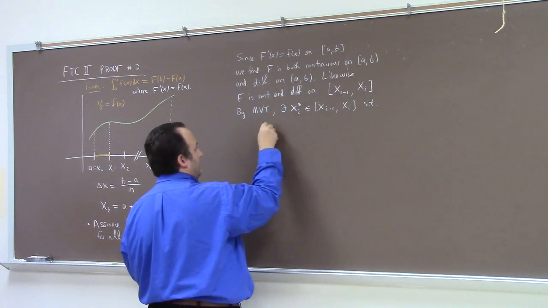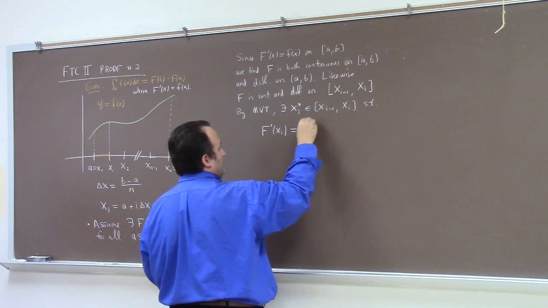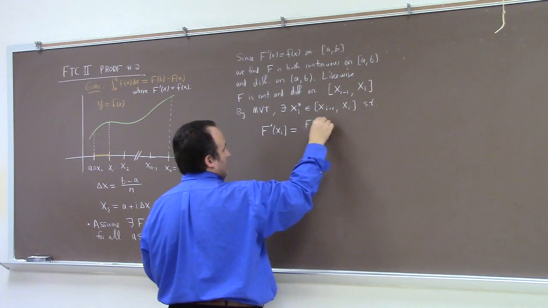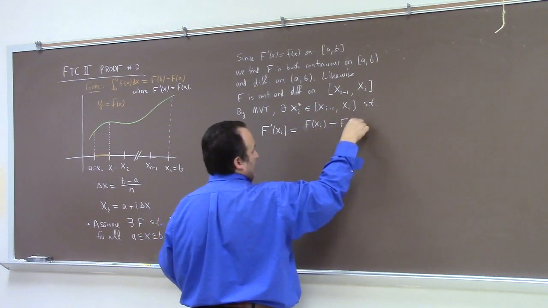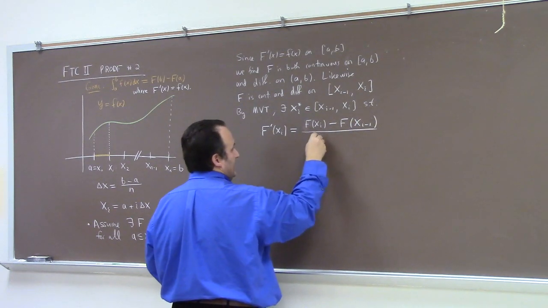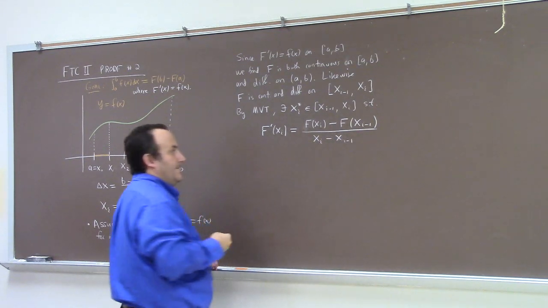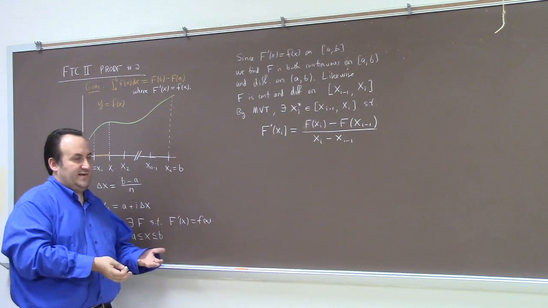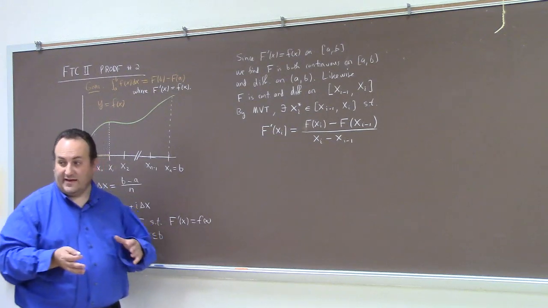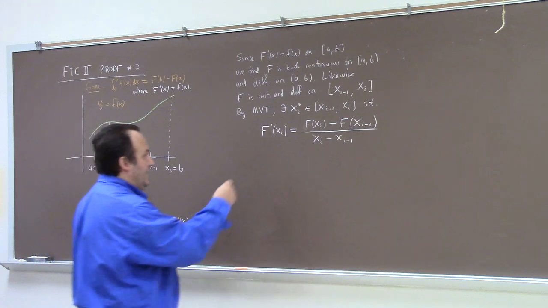Such that F prime of x sub i star is equal to big F of x sub i minus big F of x sub i minus 1, divided by what? Divided by x sub i minus x sub i minus 1. But what does that say? That says, remember, big F is the antiderivative of little f, right? So what's big F prime? It's little f of x sub i star.